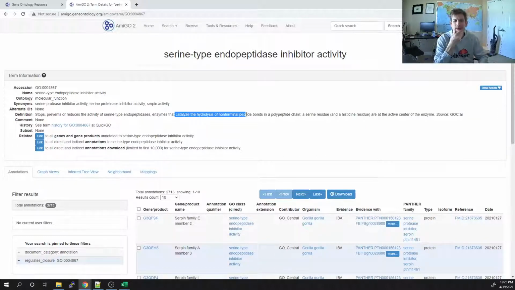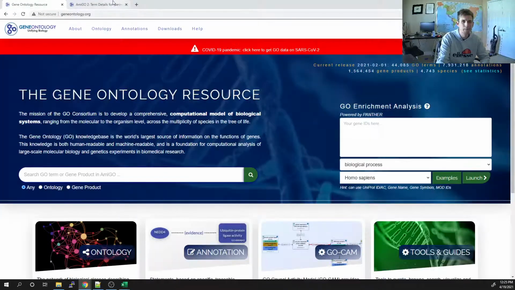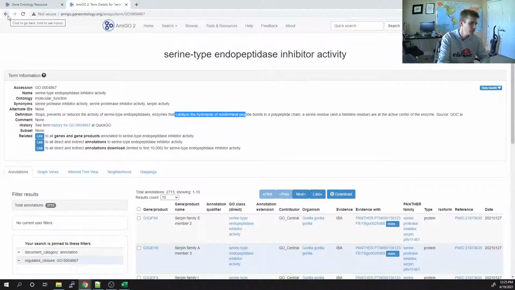Hydrolysis, or it's going to build proteins. If it catalyzes the hydrolysis, it's probably going to break proteins down a little bit. But that's as good as we can get, at least in this regard, of trying to identify what this term actually means. A little tricky, but sometimes helpful, sometimes not so helpful.